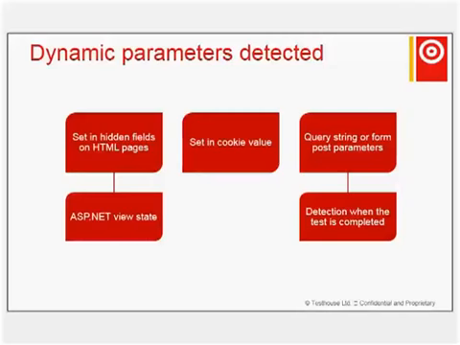So the dynamic parameters that are detected, a number of them, such as hidden fields and form fields, specifically things like ASP.NET's view state, are pretty much done automatically. Cookies: in the unlikely event that you need to worry about the value of cookies in your web performance test, this will normally be because the person who wrote the web site you're testing hasn't done a particularly good job and is passing a cookie value as a query string, which you should really never do.